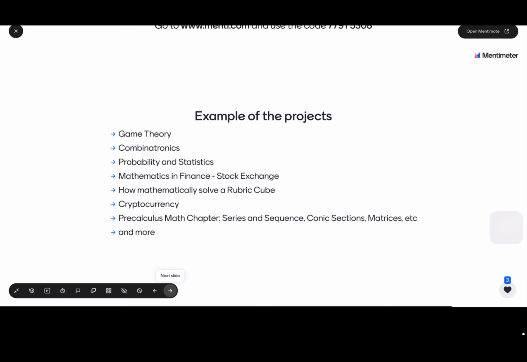That's supposed to be this project. Or if you want, you could take some chapter from our courses and maybe we can apply it in more interesting applications. So you could have more examples in the project.